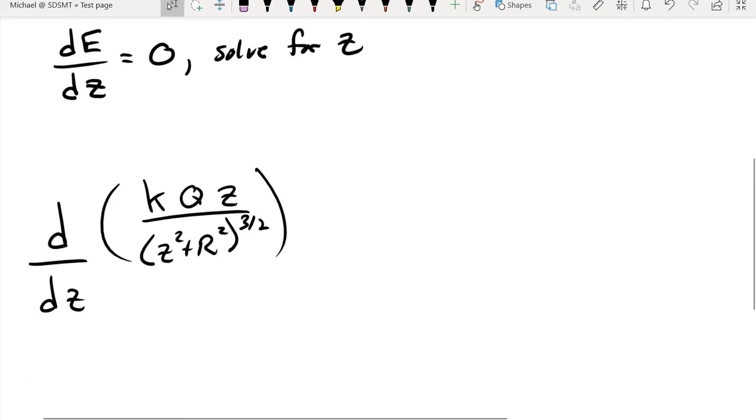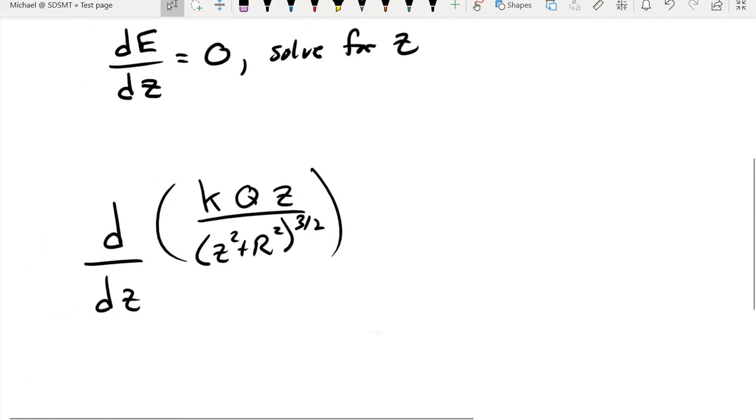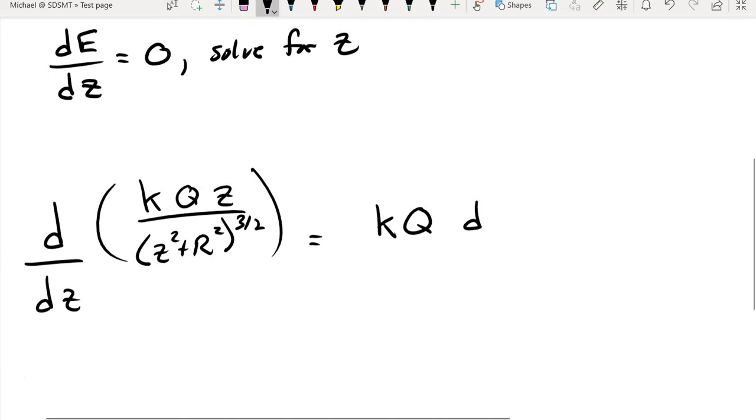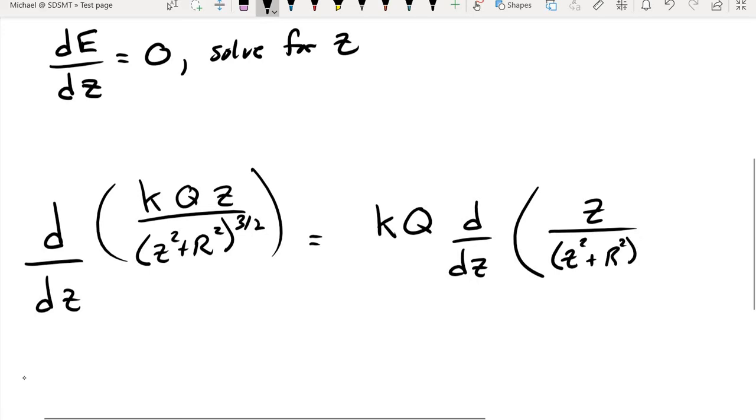Everything else in here we'll assume is going to remain as a constant. So we can bring the k and the q value out front for right now, and we'll incorporate those later. But for right now, the only thing that really needs to be inside of the derivative are these terms, which include our variable z.